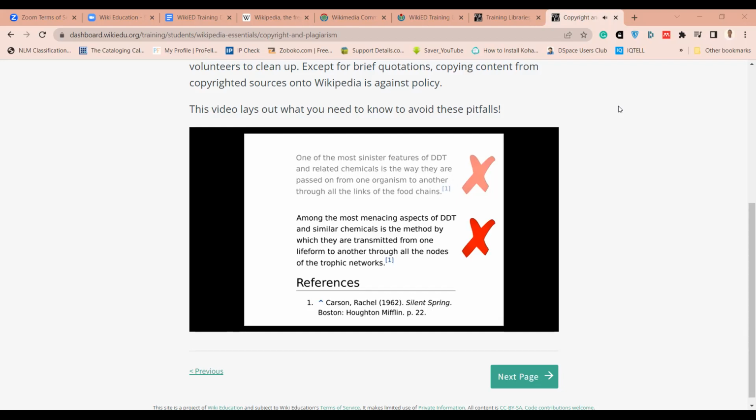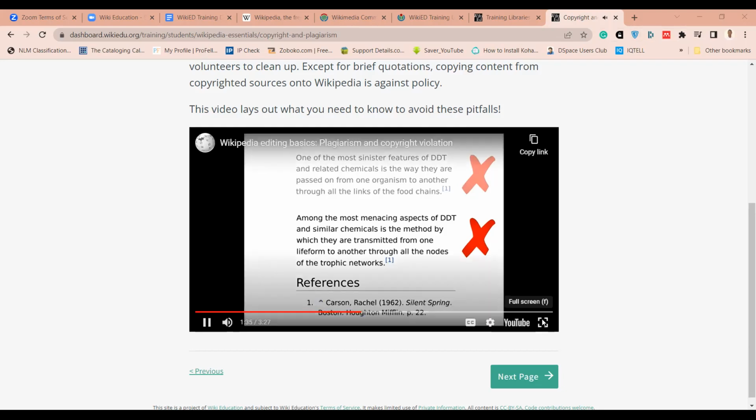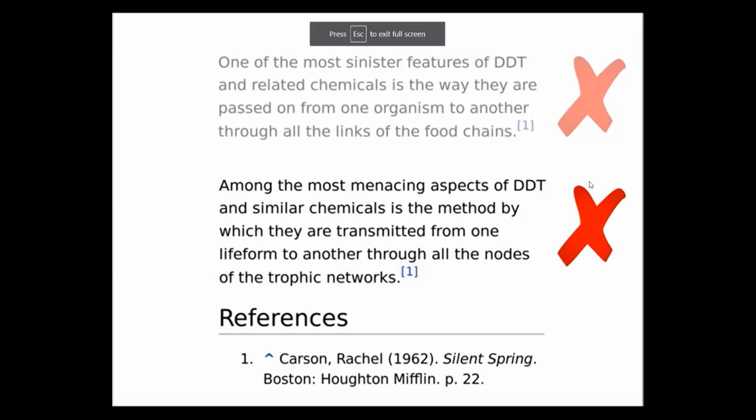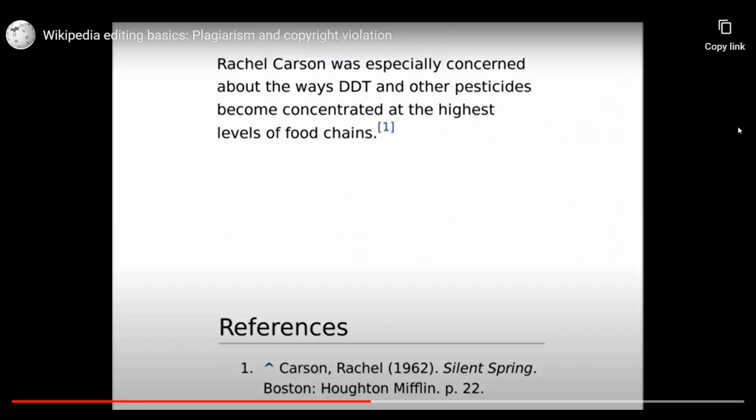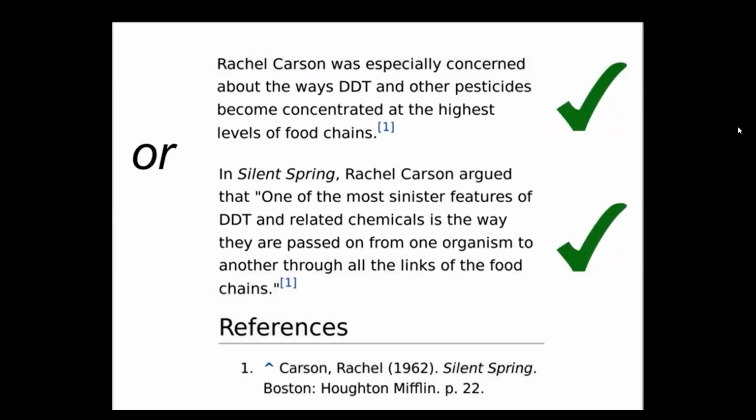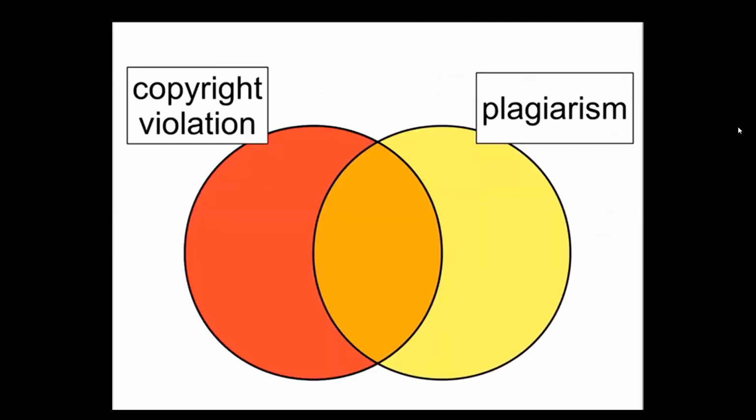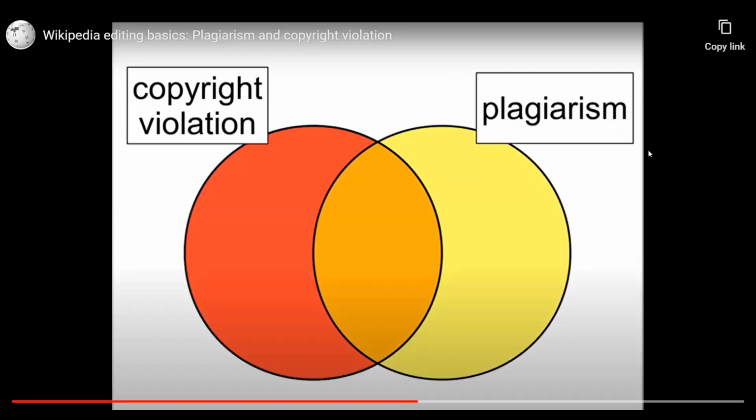For this reason, it's not a good idea to write for Wikipedia by copying a source and then rewriting it bit by bit. Instead, you should put the information into your own words from scratch, or use a quotation. Copyright violation is a different but related issue on Wikipedia. Many cases of plagiarism are also copyright violations.